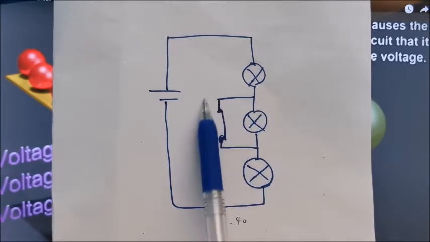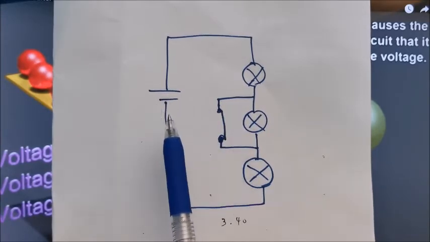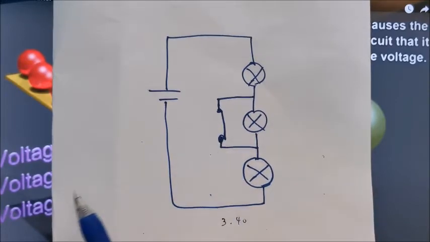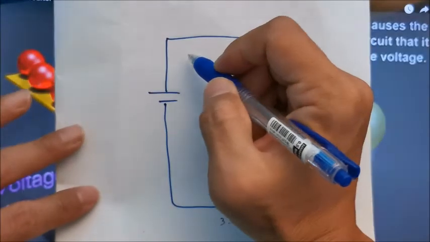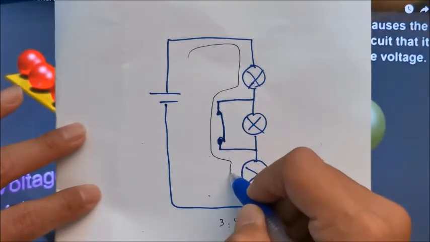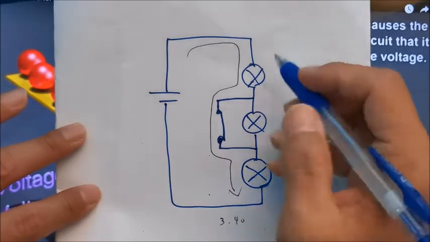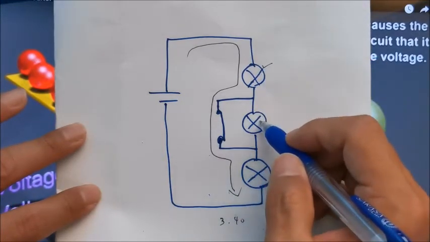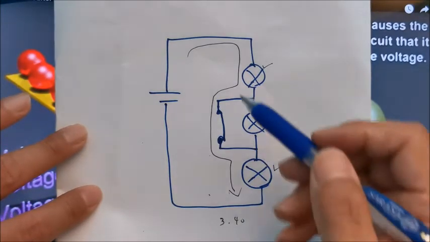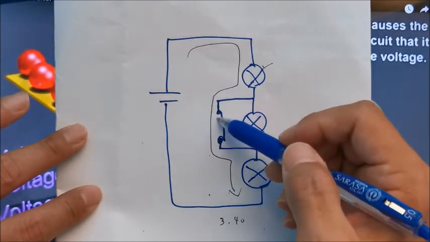There is a switch down here. So if I close the switch down here, what will happen? The current will flow in this manner. Current will flow through the first light bulb. It will not flow through the second light bulb, but it will flow through the third light bulb.